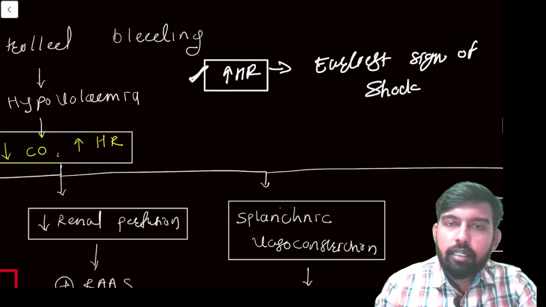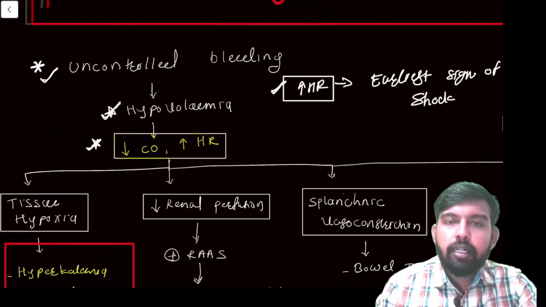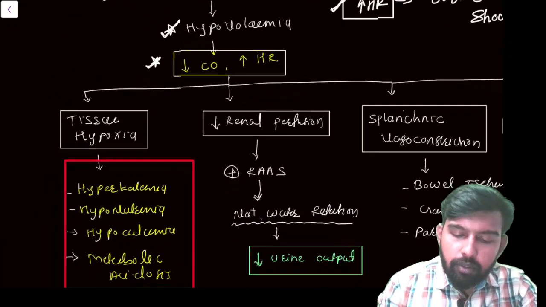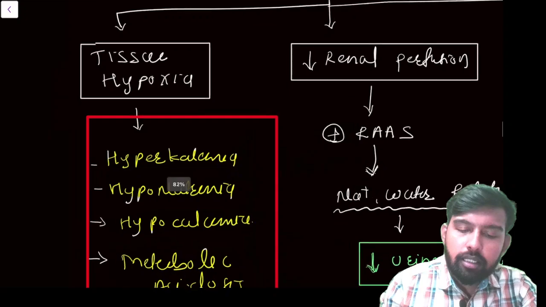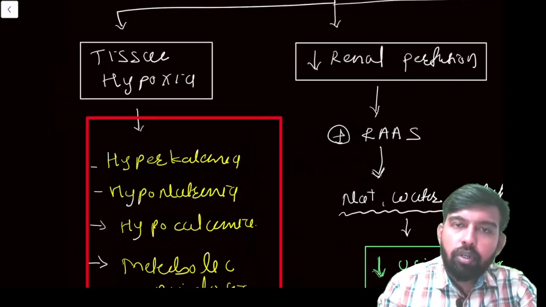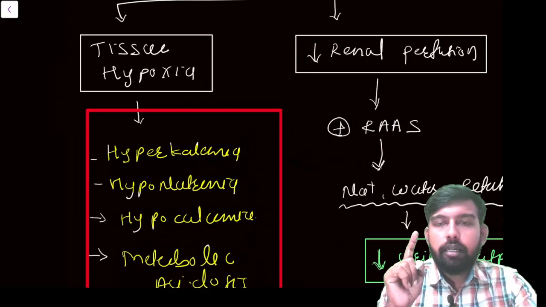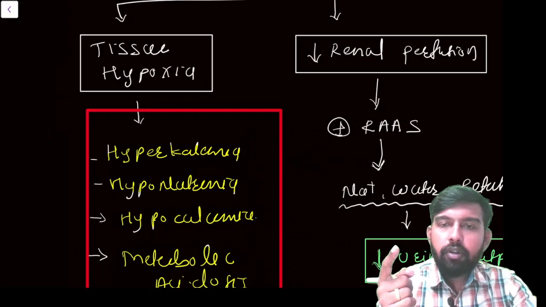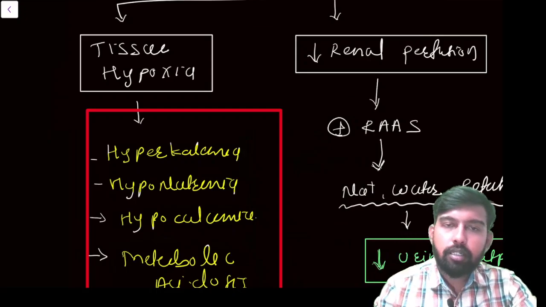So let's see the pathophysiological effect of hypovolemic shock on the various systems. Because of the shock, there is tissue hypoxia. We have learned about the features of tissue hypoxia at the cellular level in a previous chapter.